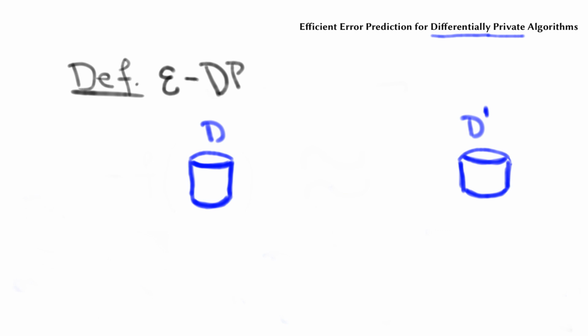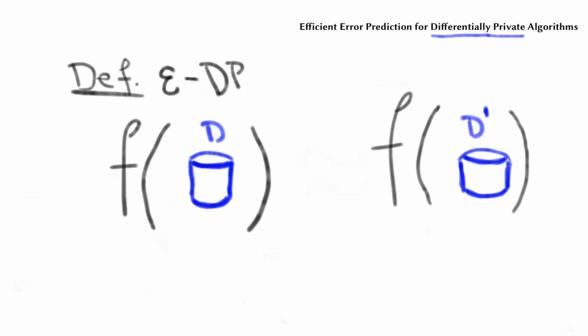Now, going back to our query f again, let's run f, the same f, on both of the databases, and then we want the result of the query f with high probability to be almost the same for both runs of the same query. So basically, the results should be indistinguishable from each other.